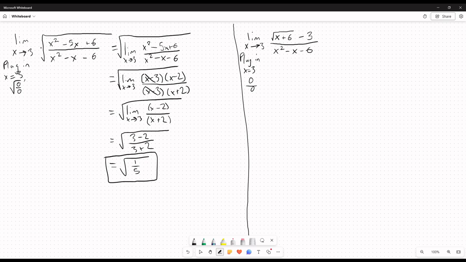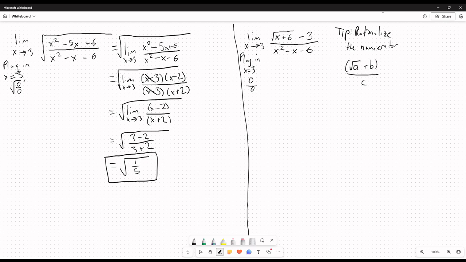So we need a fancy trick to deal with a problem like this. What we're going to do is we're going to rationalize the numerator. Sometimes if that square root is in the denominator, we'll rationalize the denominator instead. And when we rationalize the numerator, what that means is that when I have something like, we'll say, square root of a plus b, usually the square root comes second, but we can, we'll say over c just for fun.